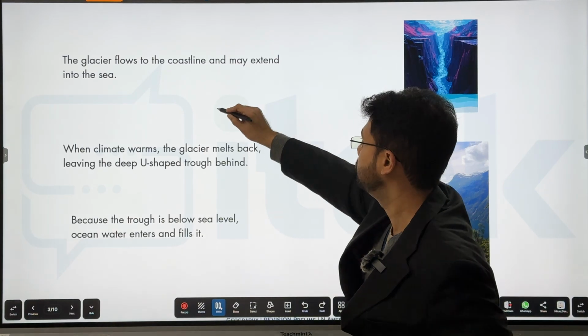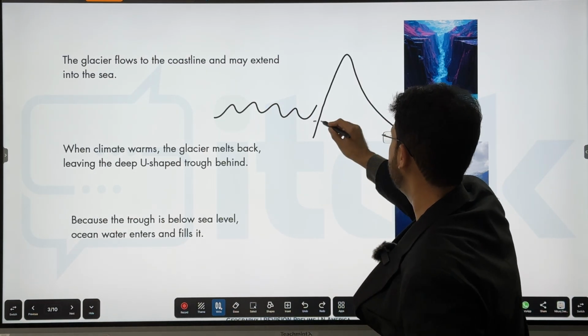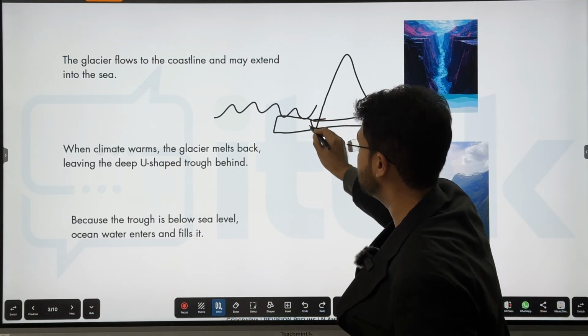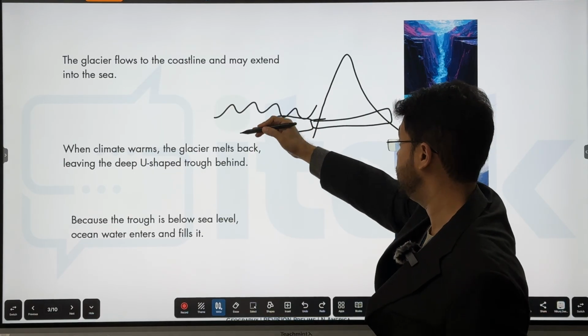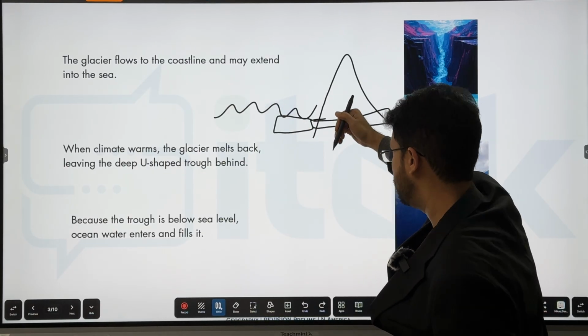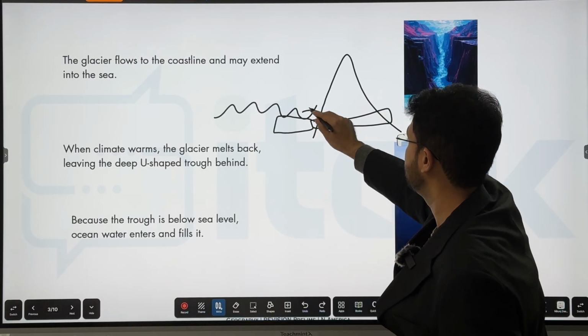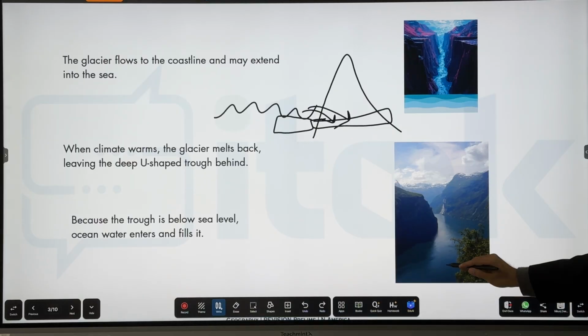Once the sea sees that this hill has been carved and the glacier had been flowing from here, perhaps the glacier was going till here before, and now the sea level has reached the hill, it will flow back and fill up these gaps, and those gaps are what we call fjords.